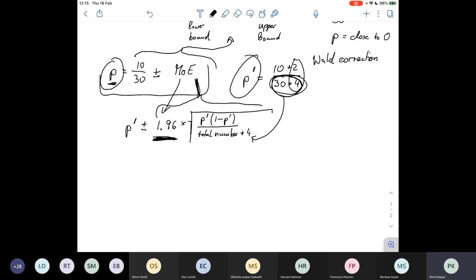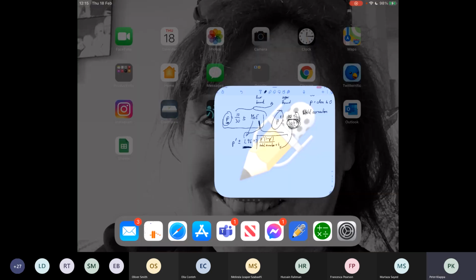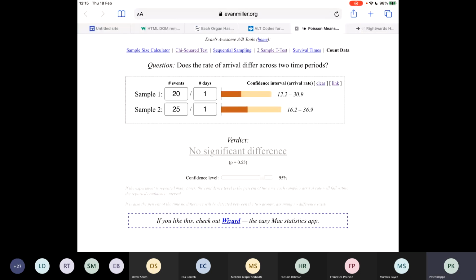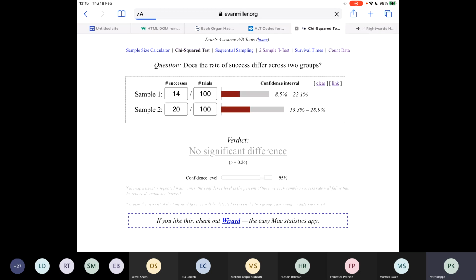Alternatively, what you can do is you use this online calculator, this Evan Miller calculator. And I think I've got it here somewhere. So here is this calculator that I showed you. And you find this under the chi-square test here.